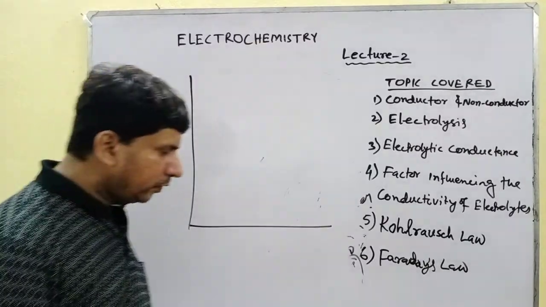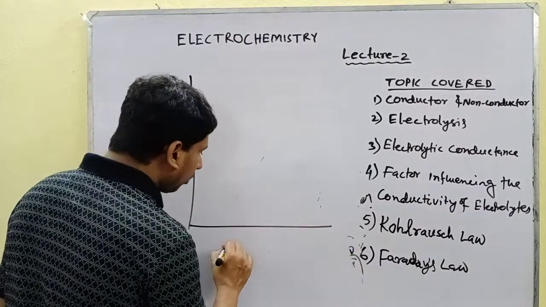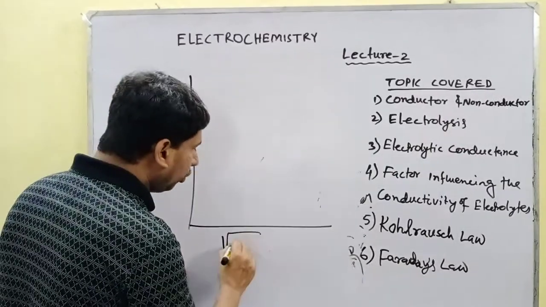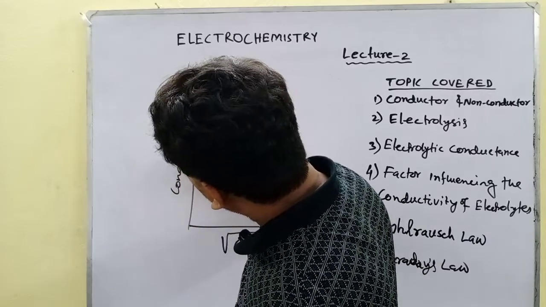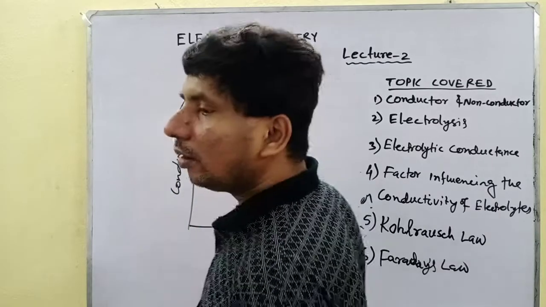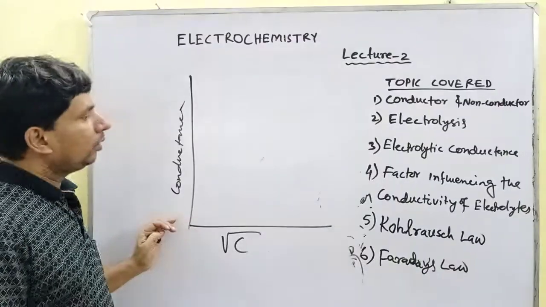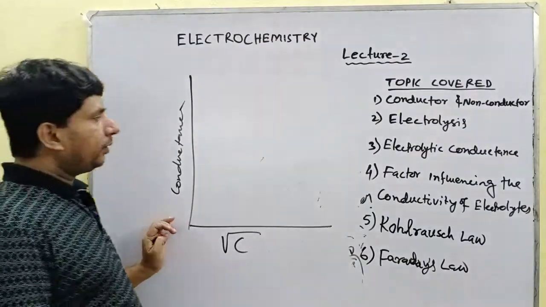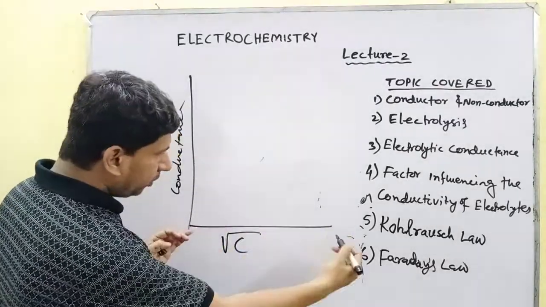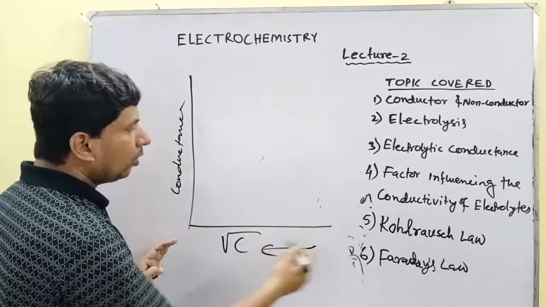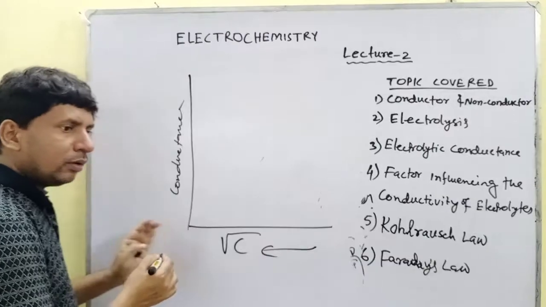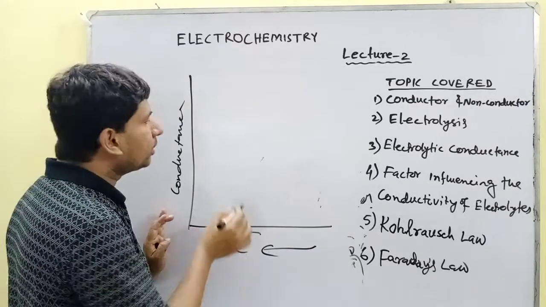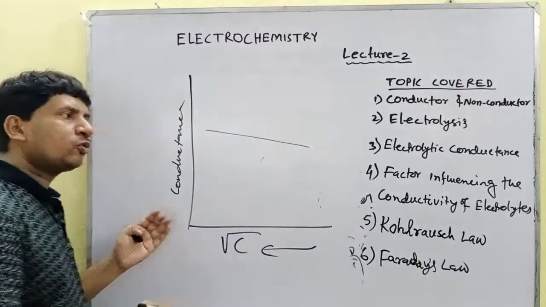There is a rule, when we plot root concentration versus conductance of the solution or electrolyte, for strong electrolyte, with the dilution the conductance will increase slightly.